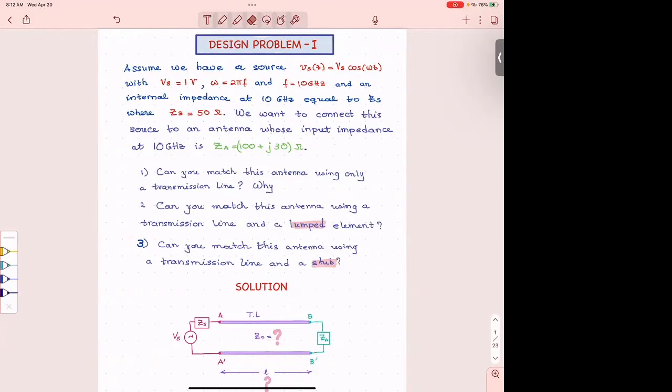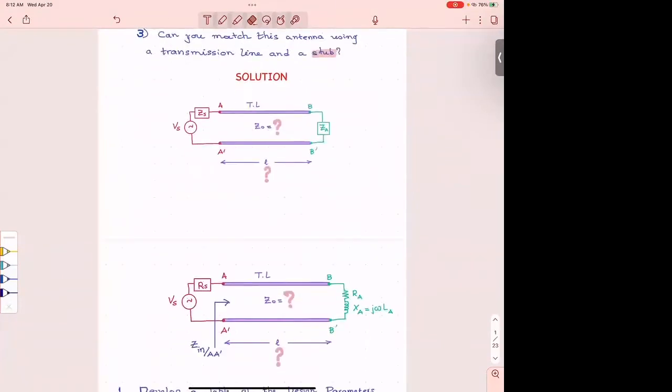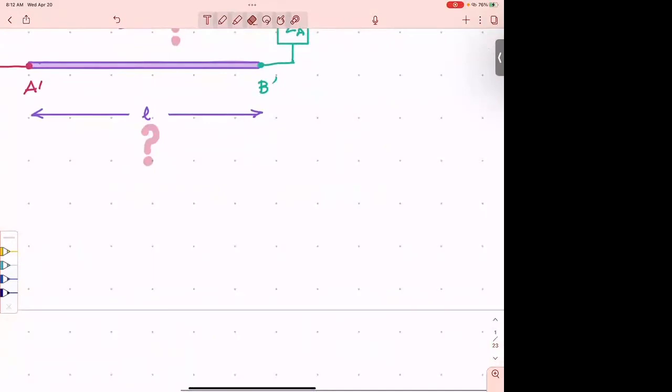How does it work? Who is going to tell me? Here, I'll do it in a corner and then I will erase it. If I have a source here, let me use this one, because let's assume that I have a little source, 50 ohms here.